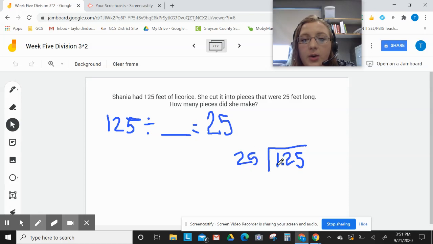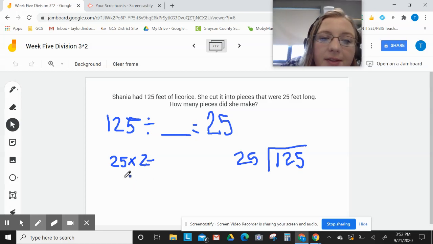25 cannot go into 1. 25 cannot fit into 12. So we're going to figure out how many times 25 goes into 125. I'm just going to start by thinking about all the 25 facts that I know. When I'm thinking of 25 facts, I think of quarters because 25 cents equals a quarter.